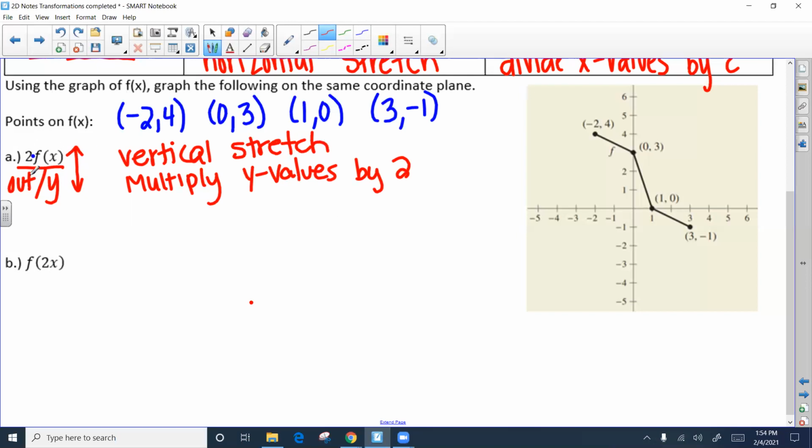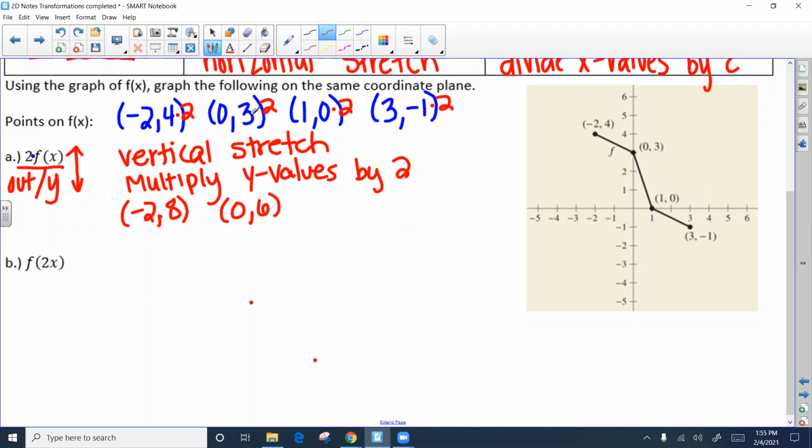Okay, so let's actually find our new points. I'm going to multiply only the y values by 2. Here's our first point. The original was -2, 4. My new point will be -2, 8. I multiplied the y value by 2. The next point would be 0, 6.